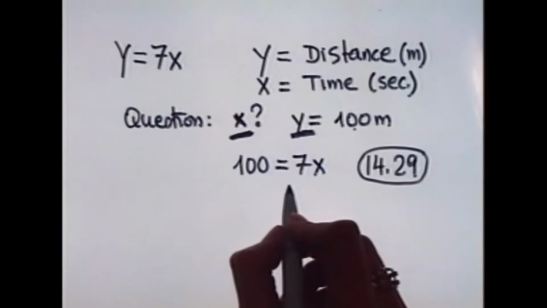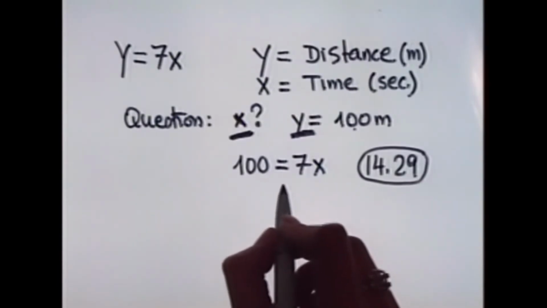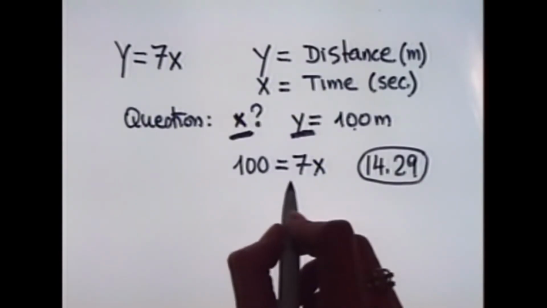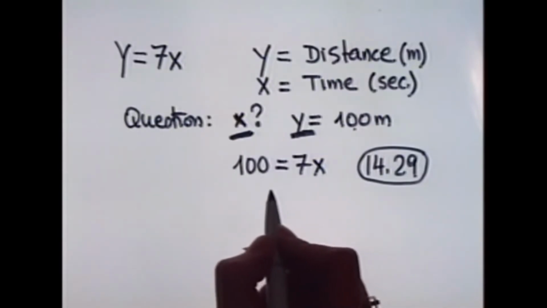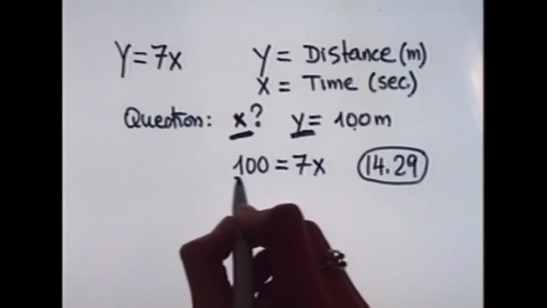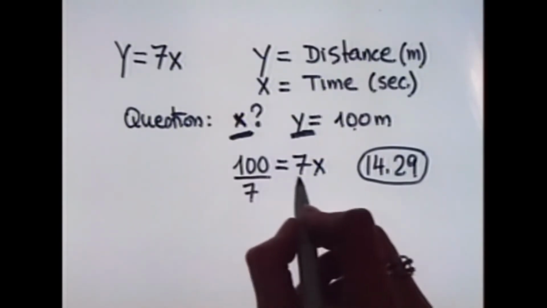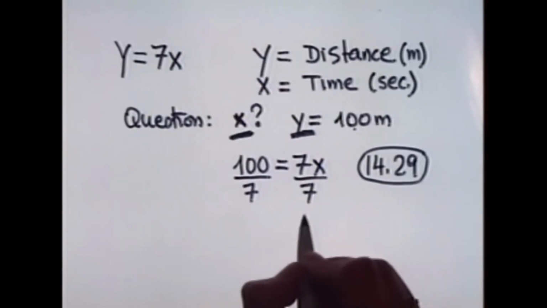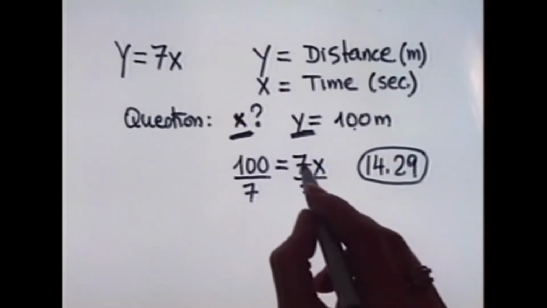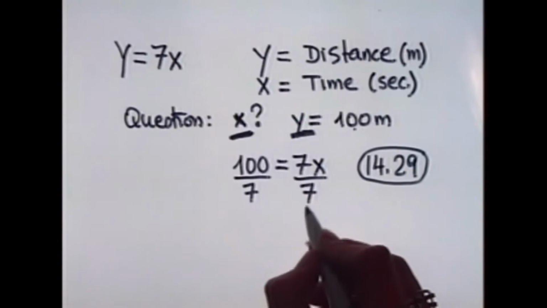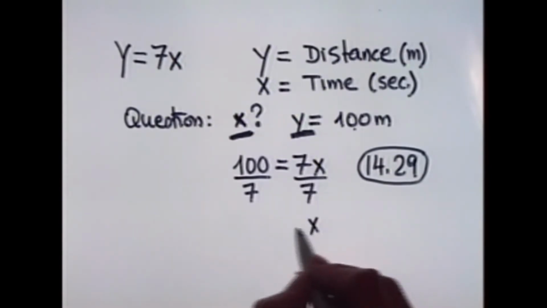But what we're doing here is trying to see how we could do it by hand and find the exact value. Well, there's just one little manipulation to do, and that is if I divide the left side and the right side by 7, you know that 7 divided by 7 gives me 1, but 1x is just x.